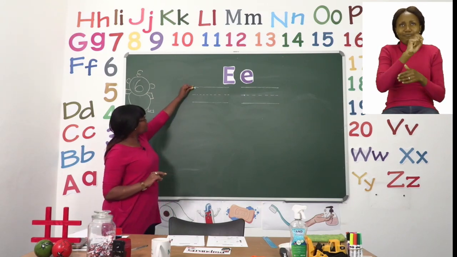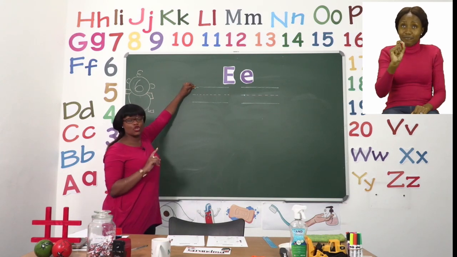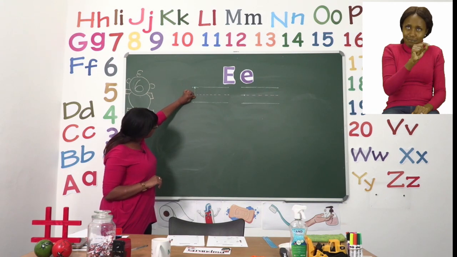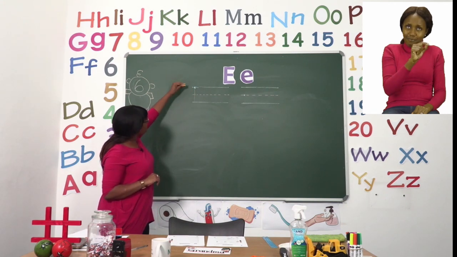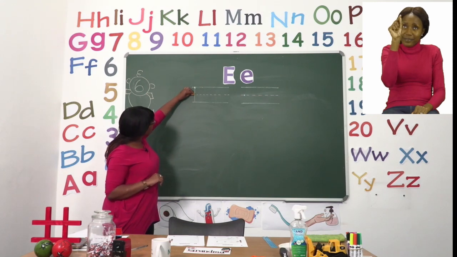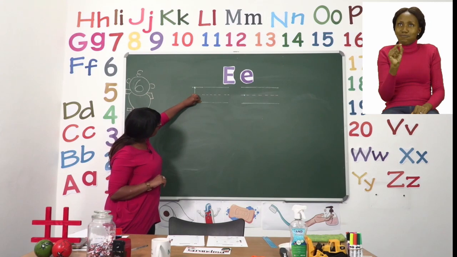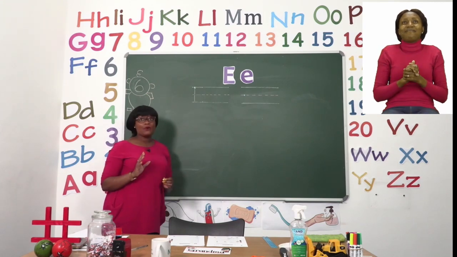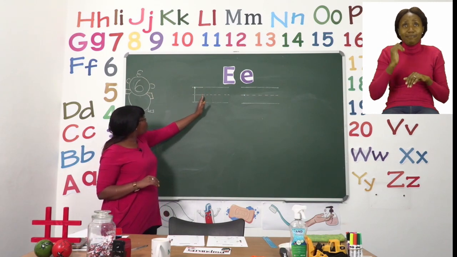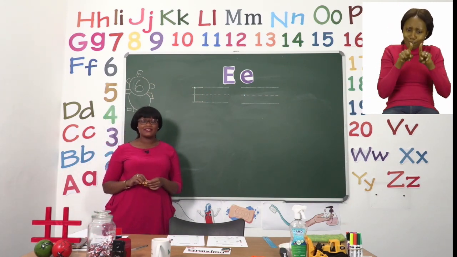So I'd like us to please, with your pencil, start on the line at the top of the line, and we're going down. Very good. Then we do our first line across, second line across, and third line across. Now I want you to notice, boys and girls, that my lines across are all the same size. So yours must also be the same size.